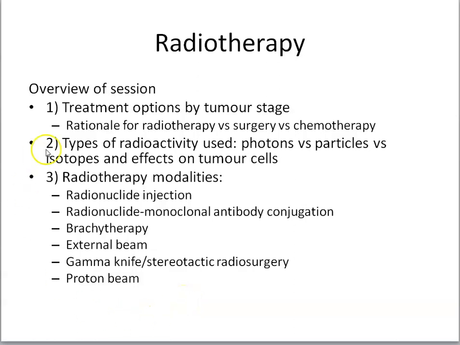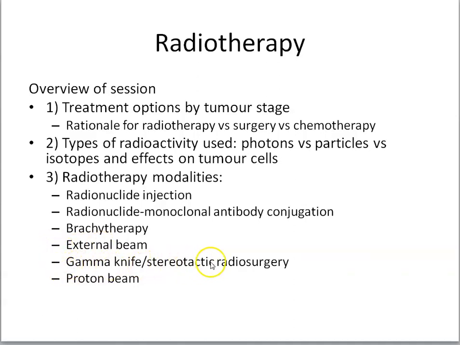So going back to the overview of the session, we've covered radionuclide injections, we've covered antibodies bound to radioactive elements, we've covered brachytherapy, which is radioactive elements within an implant, external beam radiation, which is using high energy X-rays fired at the patient. The problem with that is they pass through the body, they come out the other side, they can cause damage behind the tumour.